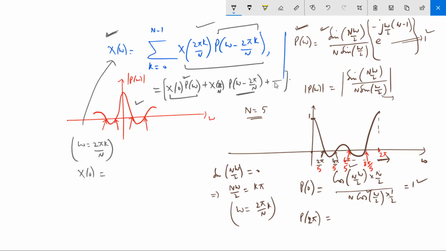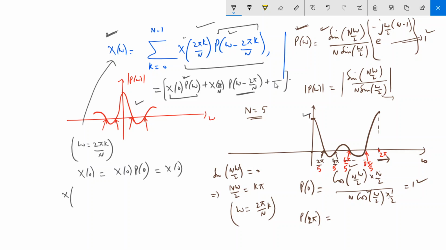In this series, it will be p of 0 into x of 0, and p of 0 is 1, so it is the same as x0.